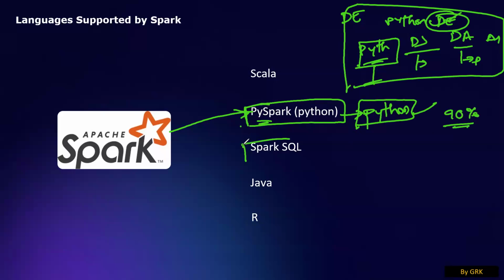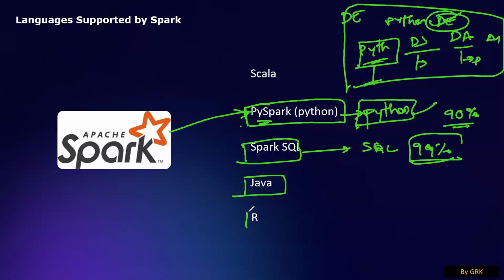Spark SQL is not as difficult as SQL. If you know SQL, it's 99% the same. If you know Java, you can write in Java. If you know R, you can write it in R. Anything can communicate with Spark.